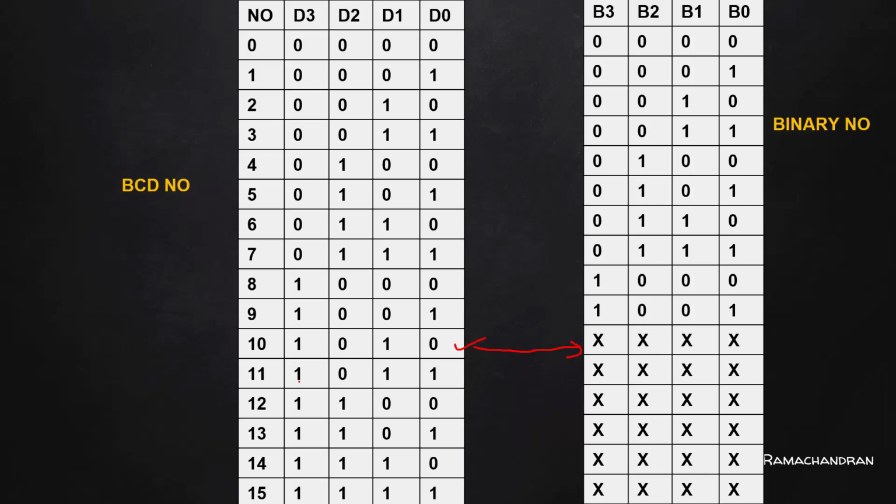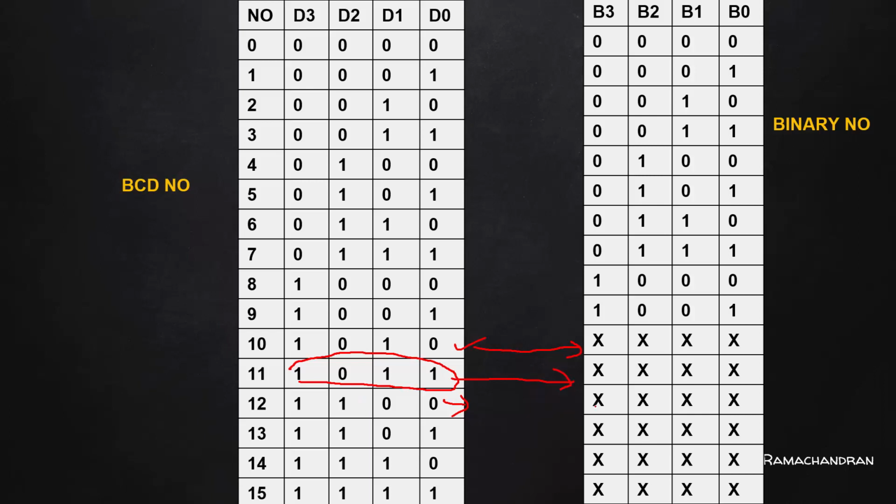Similarly, for 1011, this is not a valid BCD of any decimal number. So we can directly assign don't care for this particular input in our output table. Corresponding to this input, the output table contains all don't cares. Similarly for 1100, this is not a valid BCD for any decimal number.